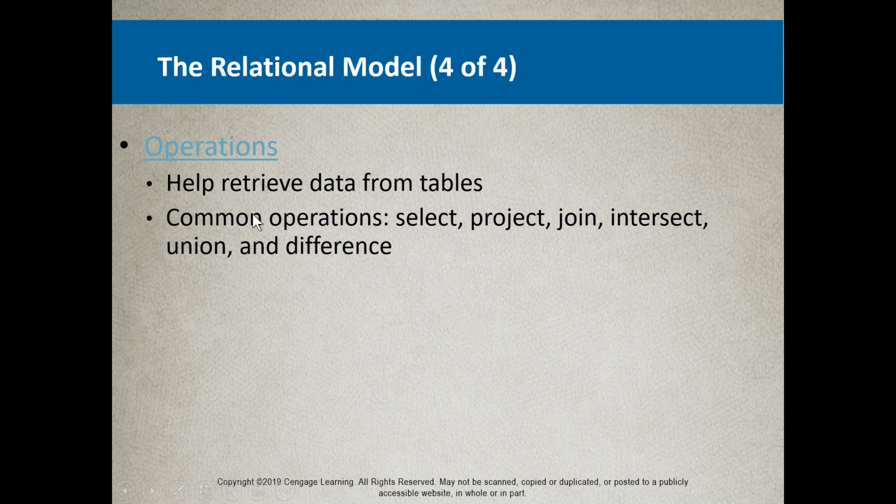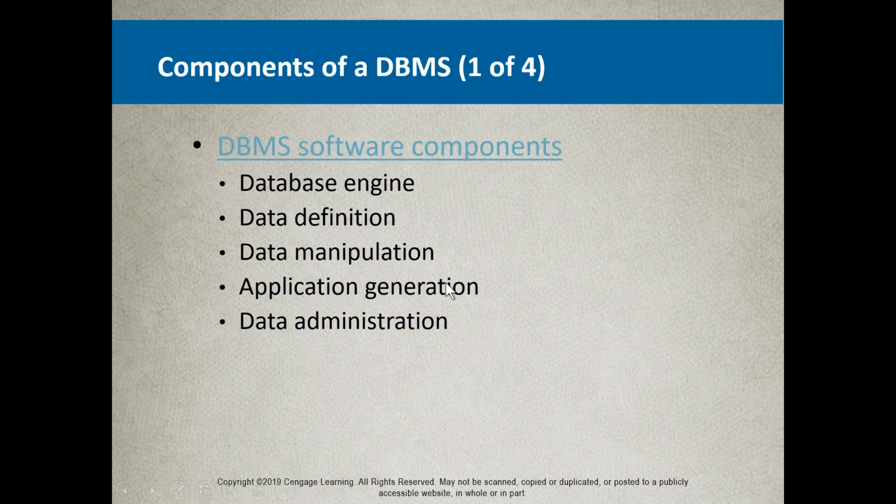These are the common operations terminology to connect these and set up relationships between these tables, which also helps in the normalization. All right, components of a database management system, slide 104.